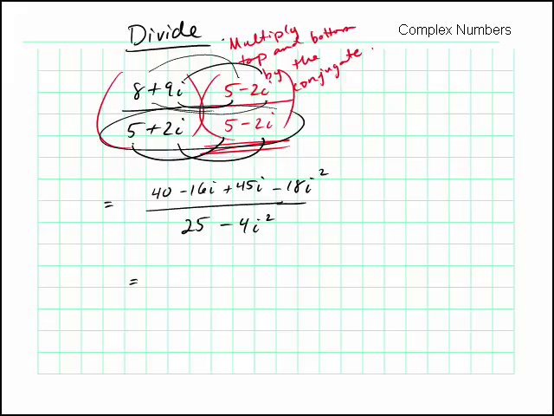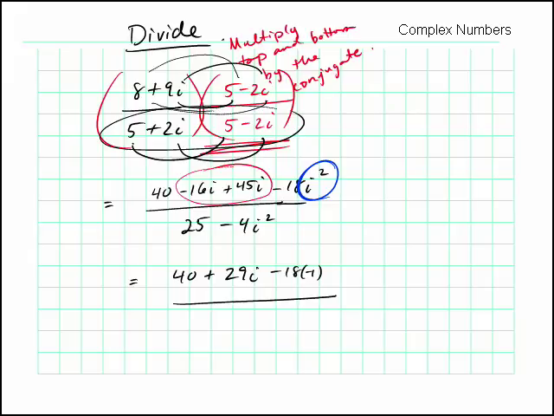There we go. That's better. Okay, combining our like terms up here, that will give me 40 plus 29i. I squared right here I would replace with negative 1, and so this is minus 18 times negative 1, all over 25 minus 4 times, replace this i squared also with a negative 1.